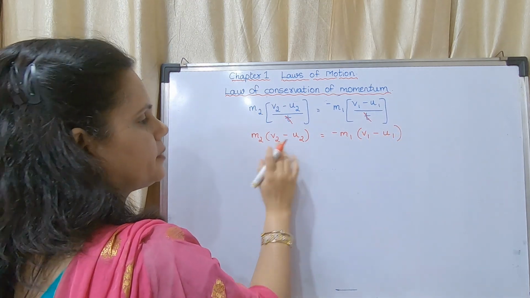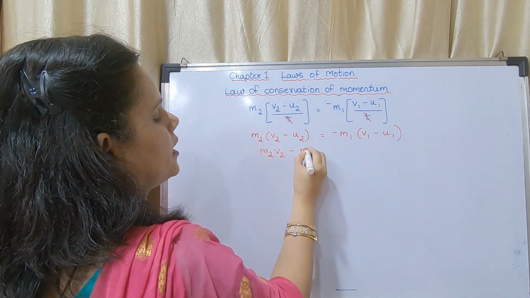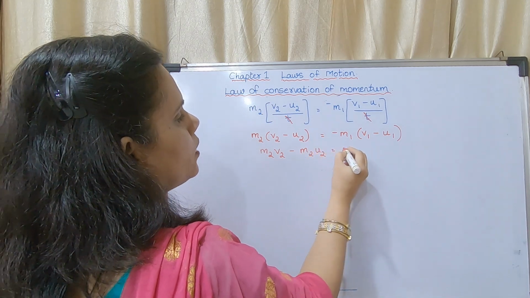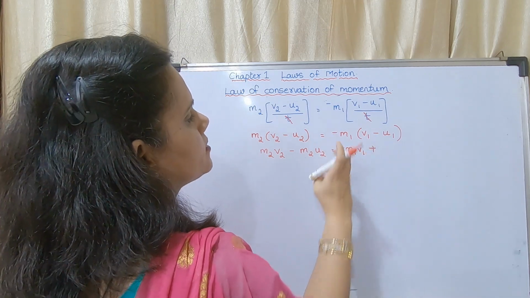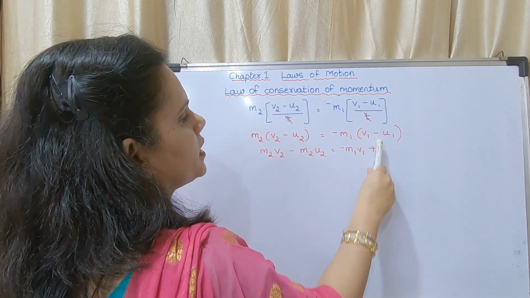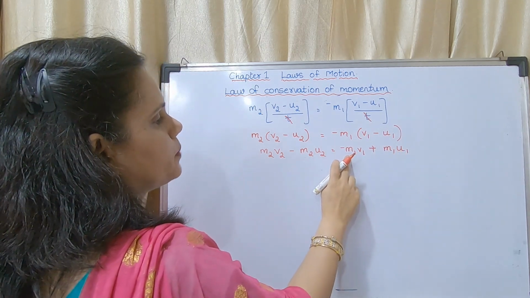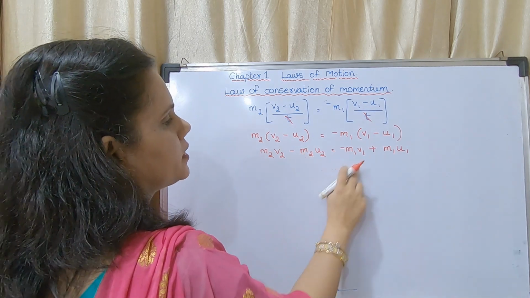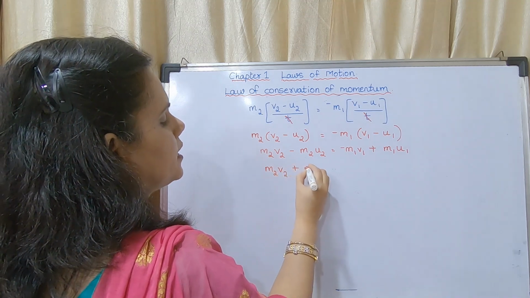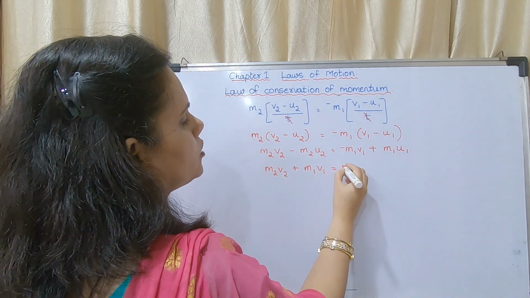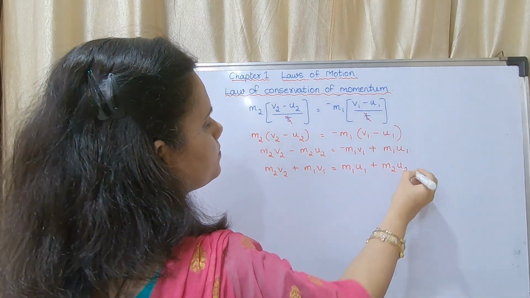Now opening the brackets, you will get M2 V2 minus M2 u2 is equal to minus m1 v1 plus m1 u1, as the two minuses become plus. Now taking this to this side and that to that side, it comes to m2 v2 plus m1 v1 is equal to m1 u1 plus m2 u2.